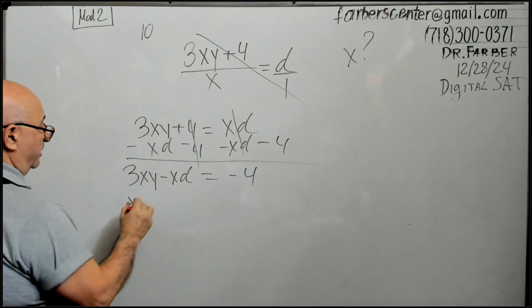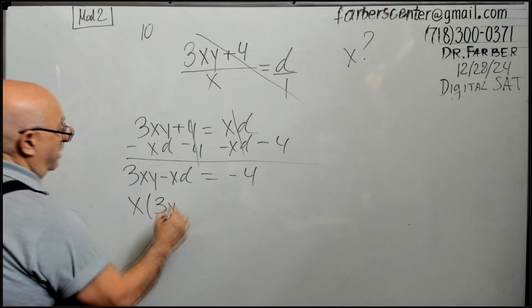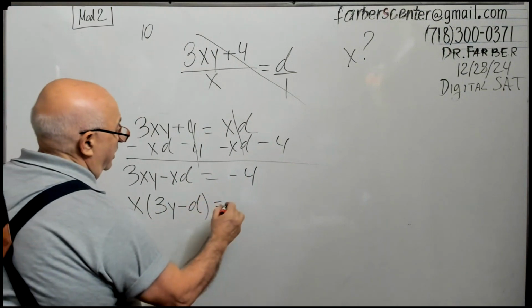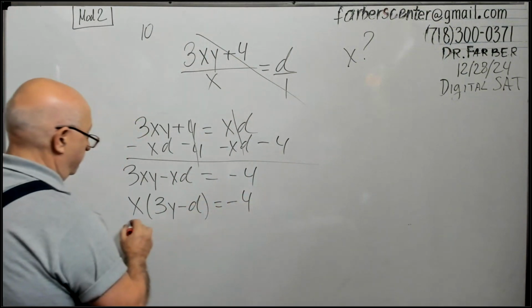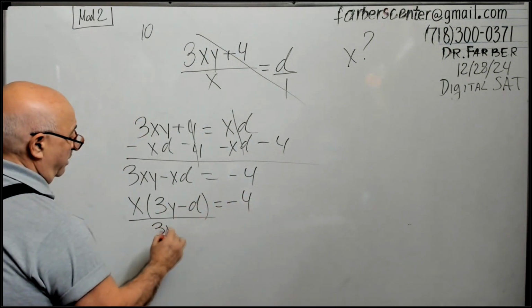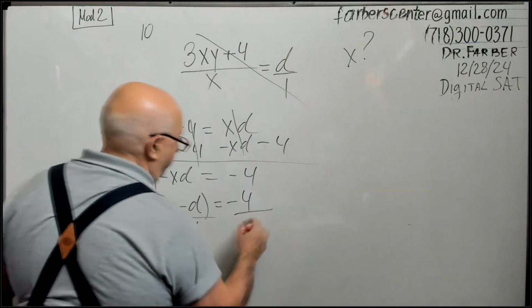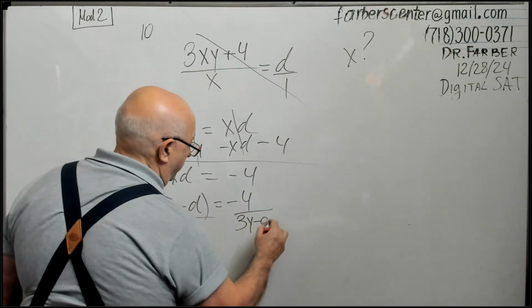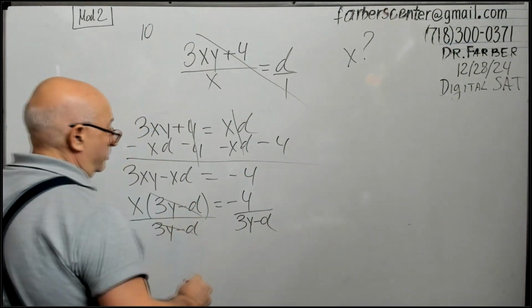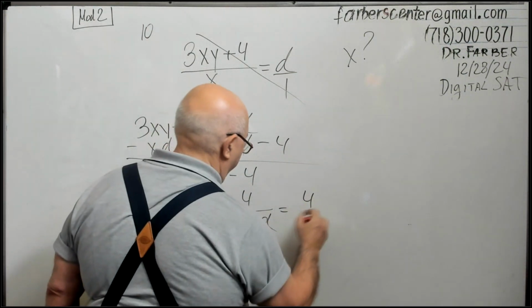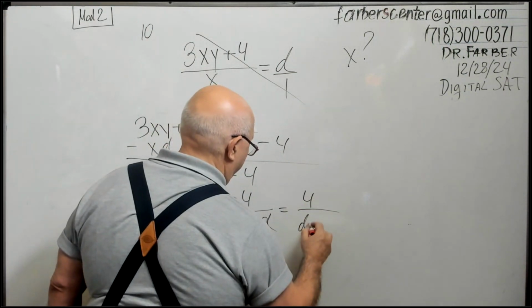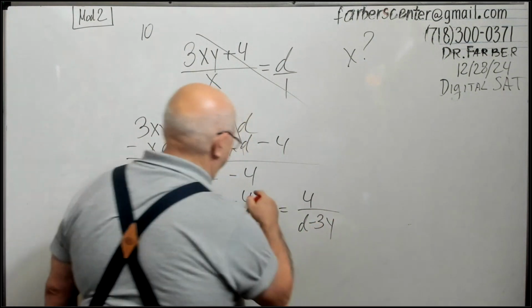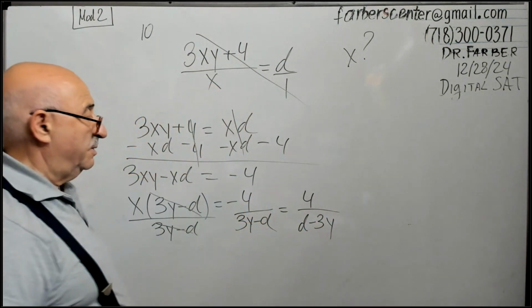Put x outside of parentheses: x times (3y minus d) equals negative 4. Divide by 3y minus d. Or you can write x equals 4 divided by d minus 3y. What I did, I multiplied numerator and denominator by negative 1.